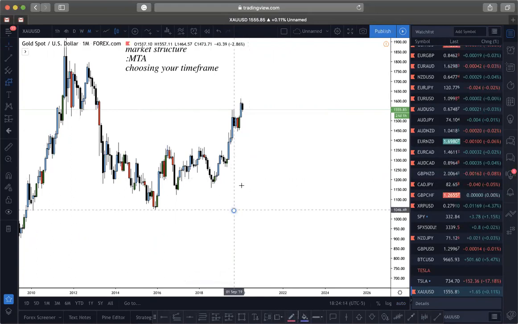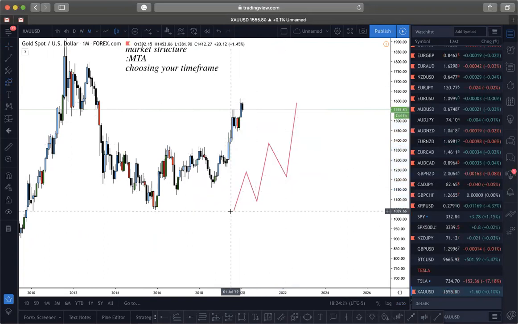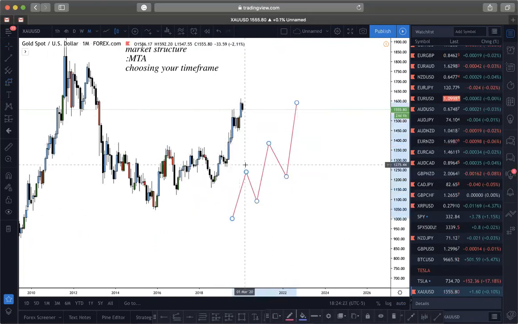We know that an uptrend is made up of higher highs and higher lows, right? And we know that the push up is called an impulse, and the pullback is called a pullback, right? Basically, a trend is made up of impulses and pullbacks, right?